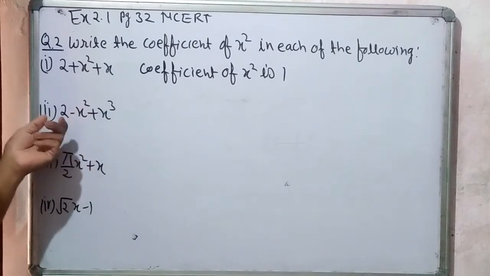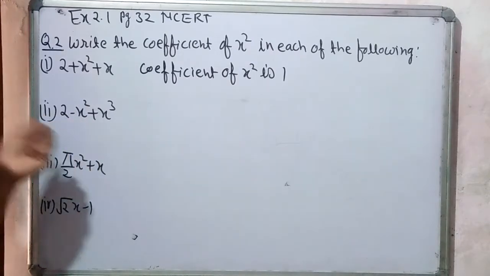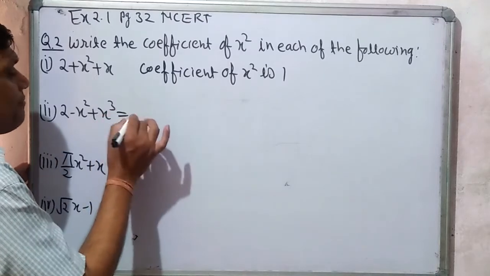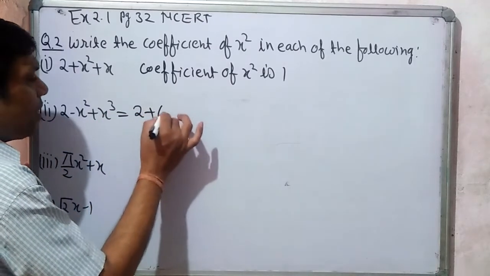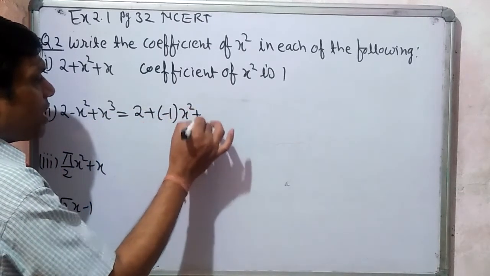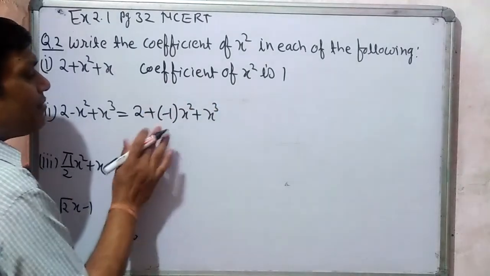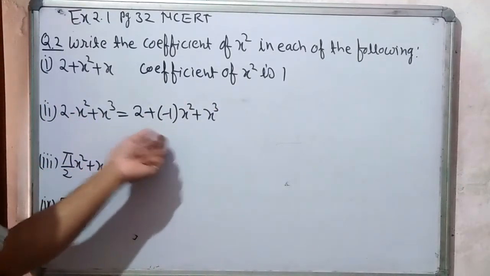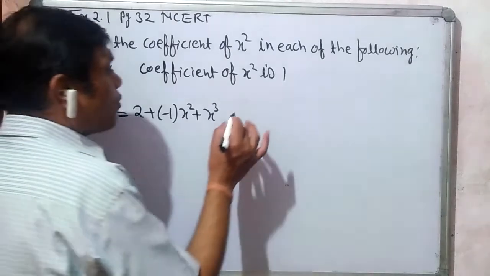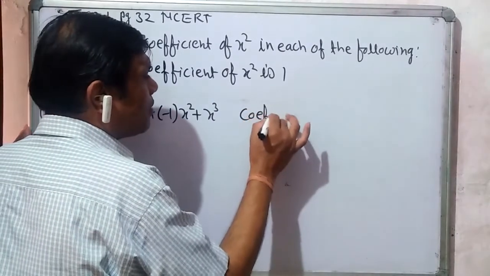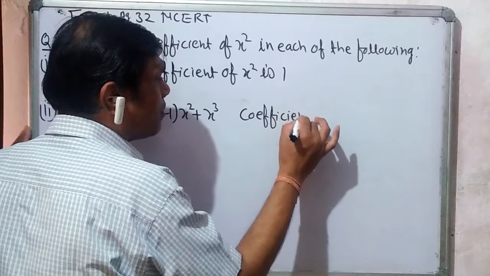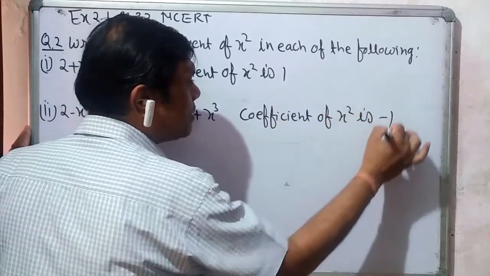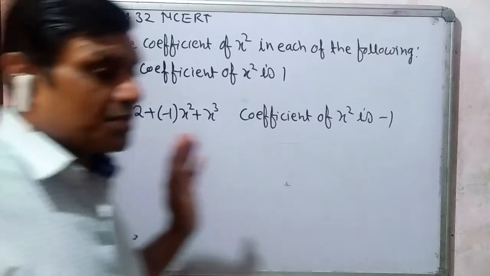In the next part, what we have is 2 minus x square plus x cube. I'll write it in a slightly different form: 2 plus minus 1 into x square plus x cube. Can we write it like this? That means here with x square, minus 1 is multiplied. So the coefficient of x square is minus 1 over here.